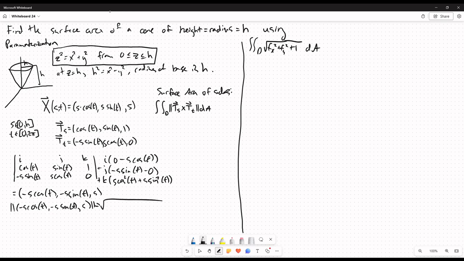That's going to equal the square root of s squared cosine squared of t plus s squared sine squared of t plus s squared, which equals, if you add that all up and use the Pythagorean theorem, square root of 2 times s. Okay, so I found the magnitude, or norm, of X sub s cross X sub t, and now I'm ready to set up my integral.